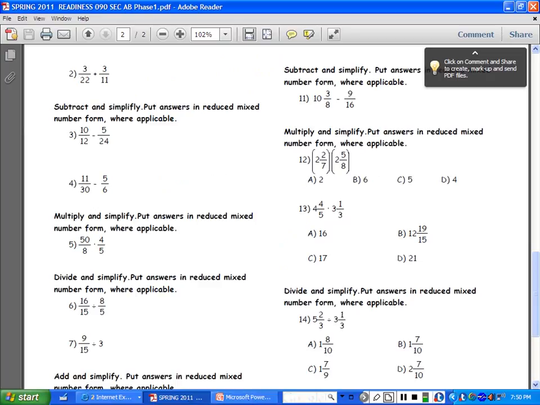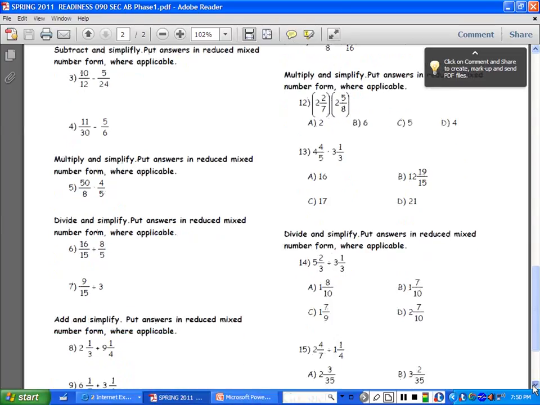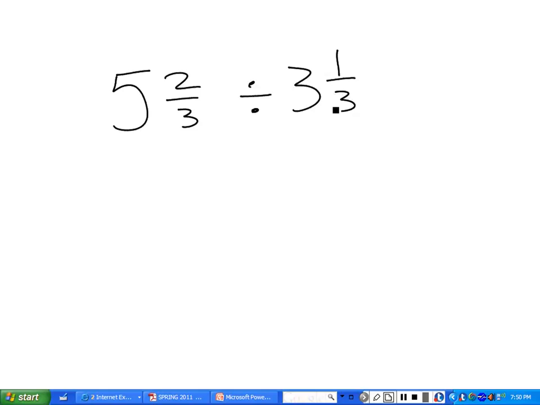Let's try number 14 here. It's 5 2/3 divided by 3 1/3. Okay, division problem. Always change your mixed number to an improper fraction first. So let's multiply this 5 times this 3 here.